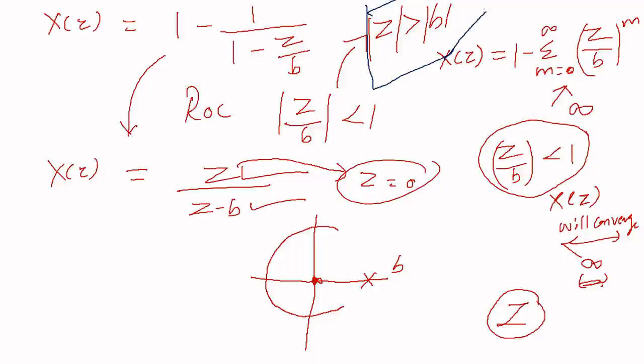Previous problem corrected, so you note this. Okay, so the region of convergence circle will exactly pass here.